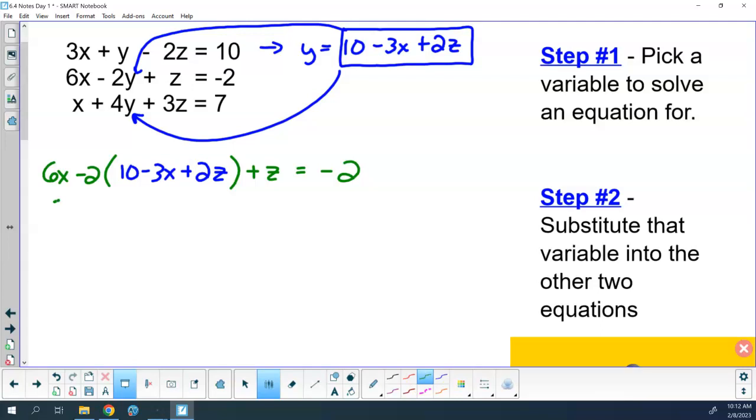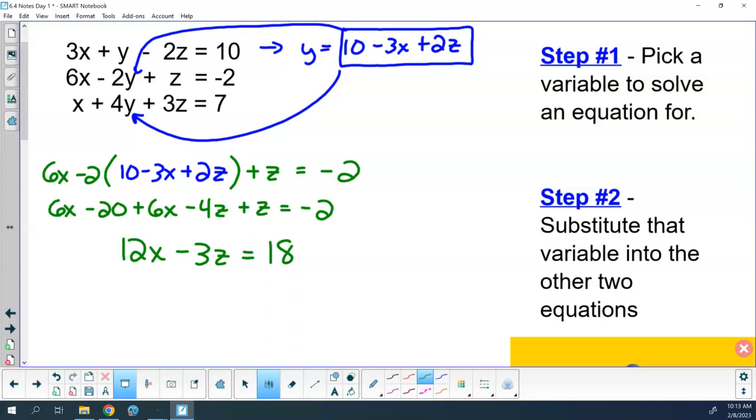So that's going to be 6x minus 20 plus 6x minus 4z plus z equals negative 2. 12x minus 3z equals 18. Agree with that?